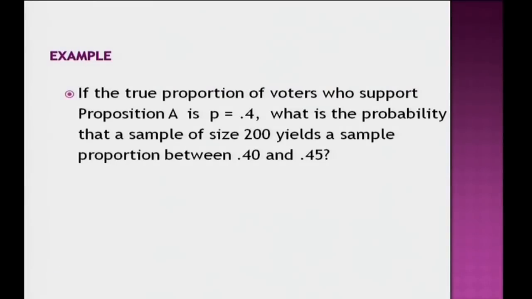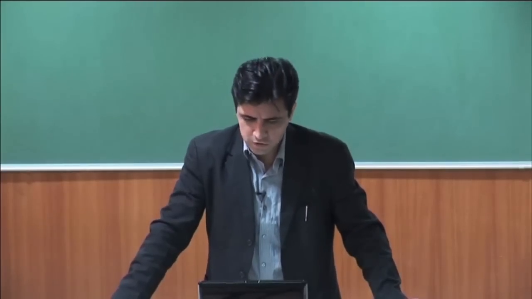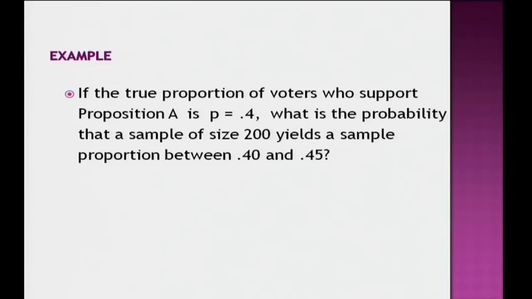To see the applications of these, let us have an example. If the true proportion of voters who support proposition A is 0.4, true proportion here means we are talking about the population, not the sample. So capital P is 0.4, and hence capital Q would be 1 minus capital P, which is 0.6.